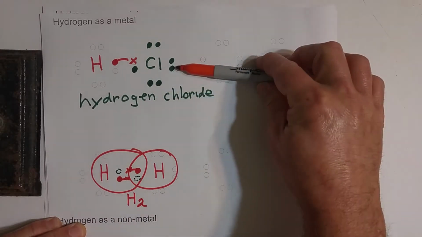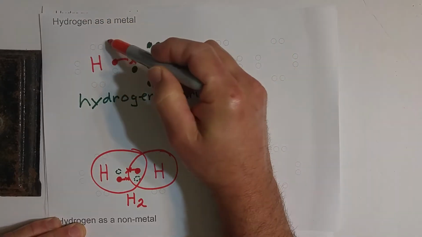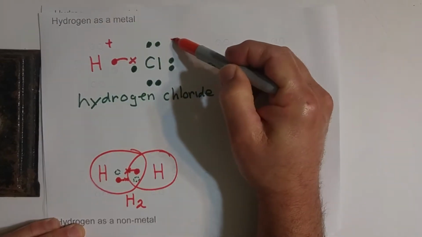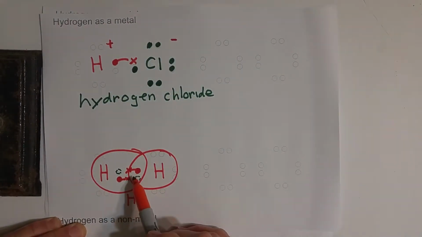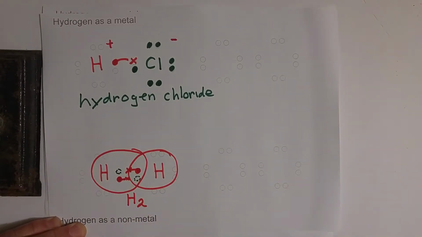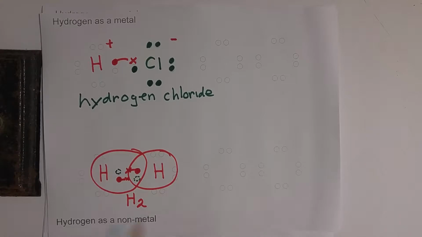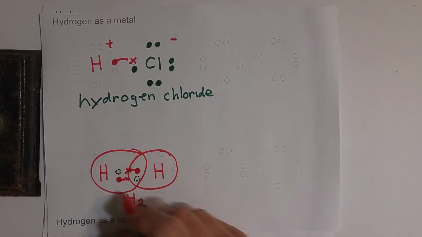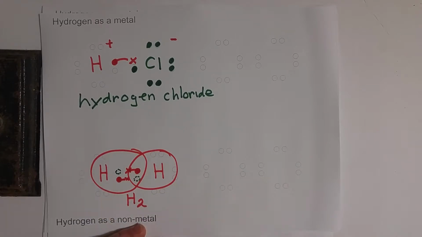So this is an ionic situation where this side becomes positive, this side becomes negative. This one is shared where they pop the electrons into a common center pool. Now, I've made a slight mistake here on the overlap. I only wanted to show the overlap in the center.